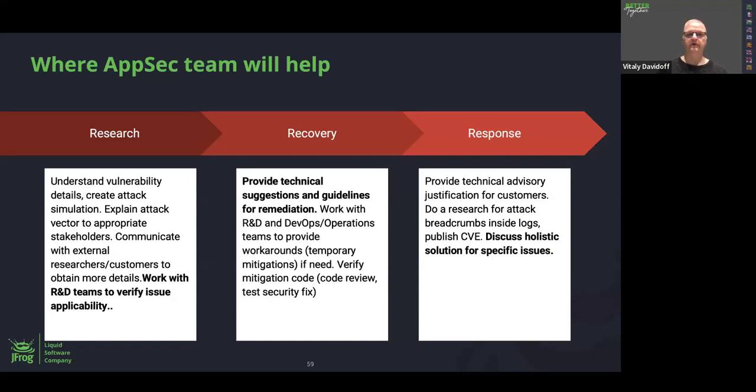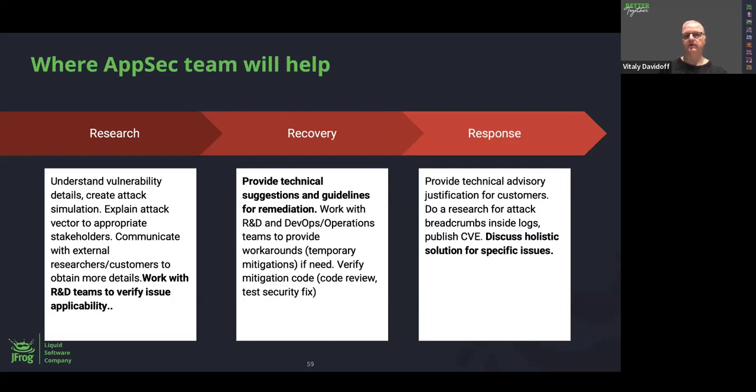And for recovery, suggestions and guidelines for remediation. It's obvious. Also, the AppSec team will work with the operation team or DevOps team to provide workarounds like temporary WAF rules, if needed, and verify mitigation code.